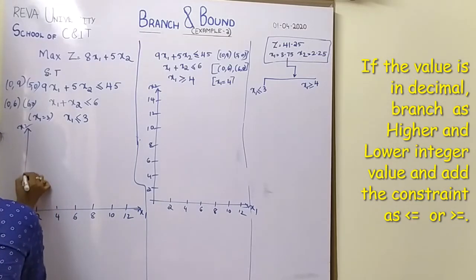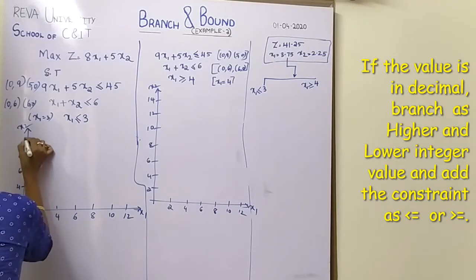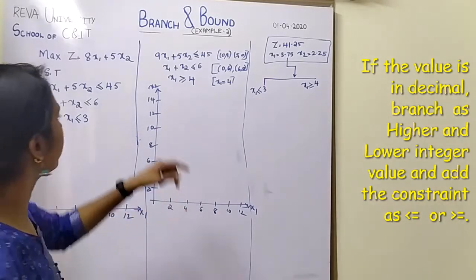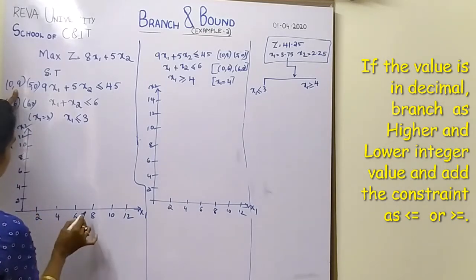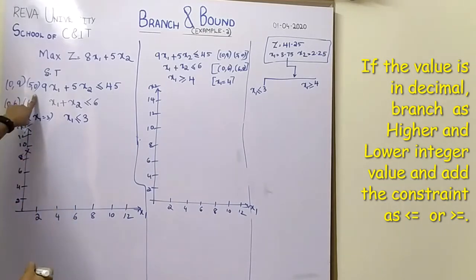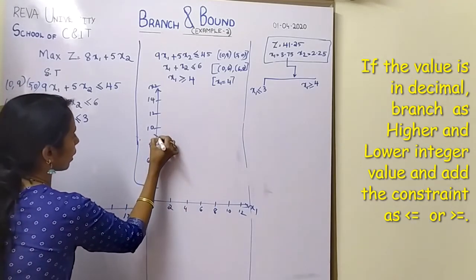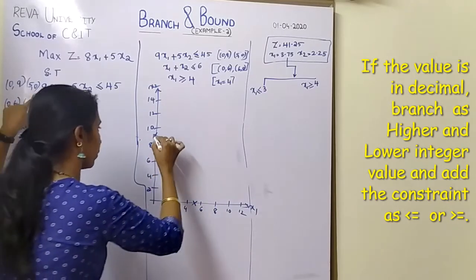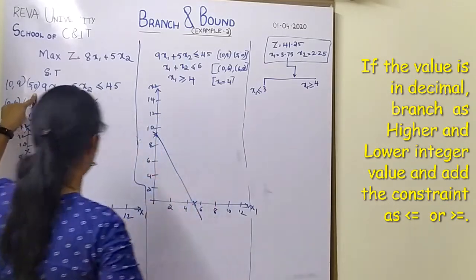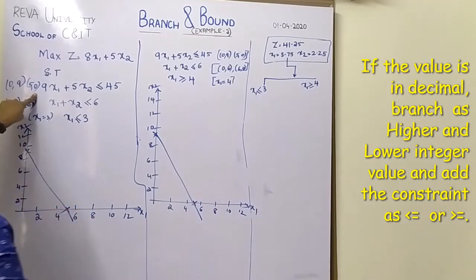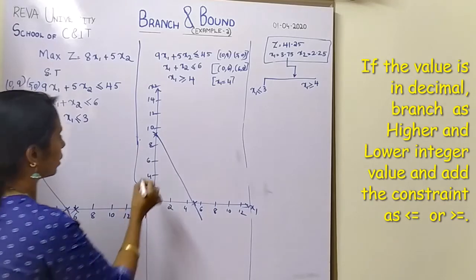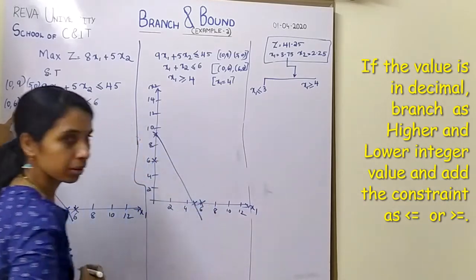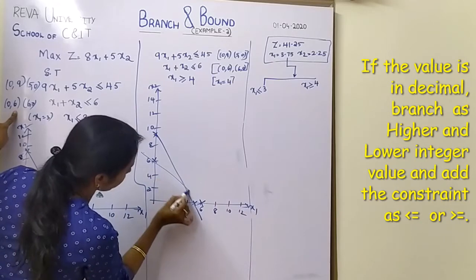Now 0, 9, so 0, 9 is here. 5, 0 is this point. Draw this. Then 0, 6, 6, 0. So draw these points.